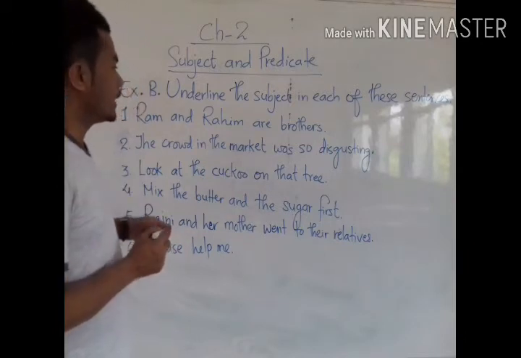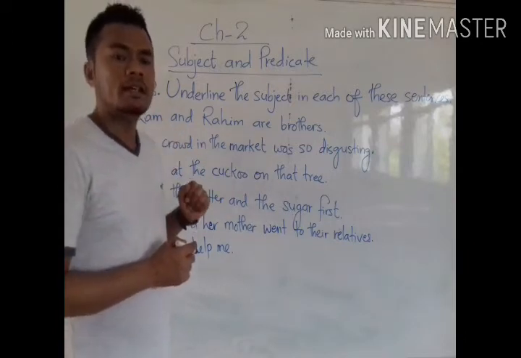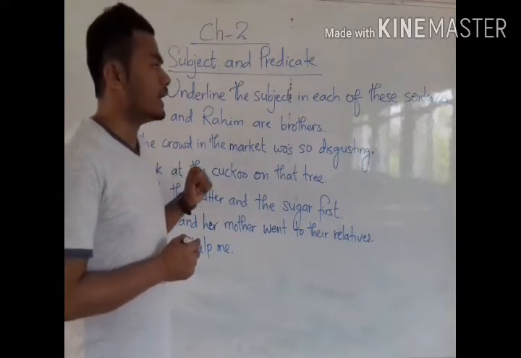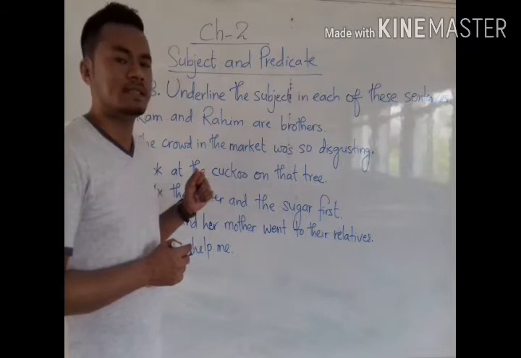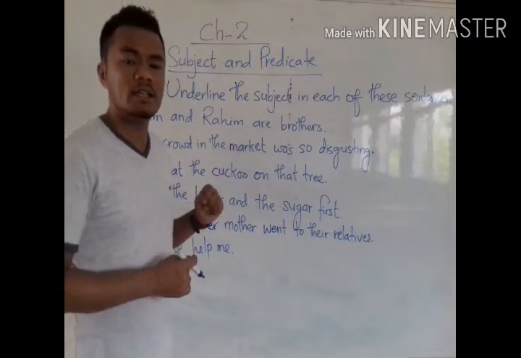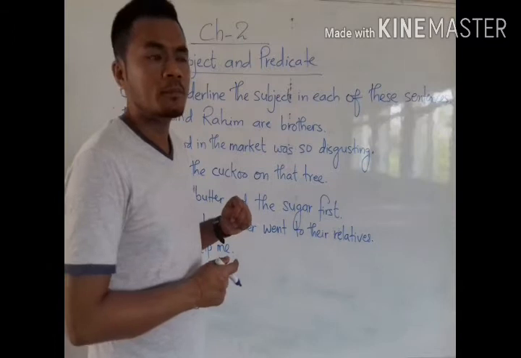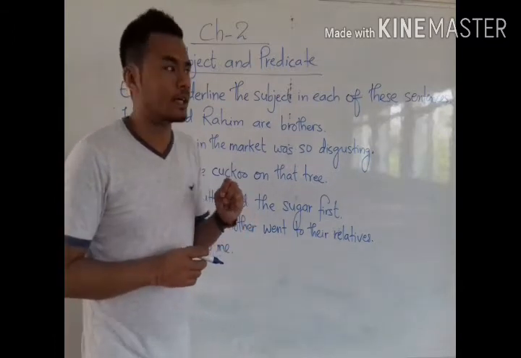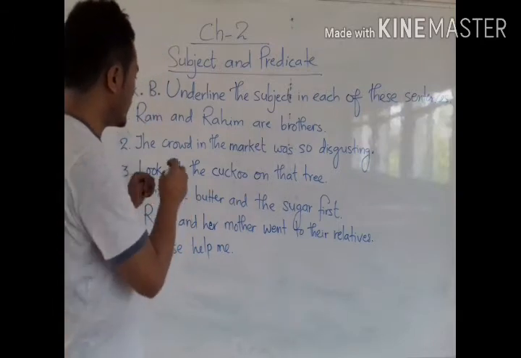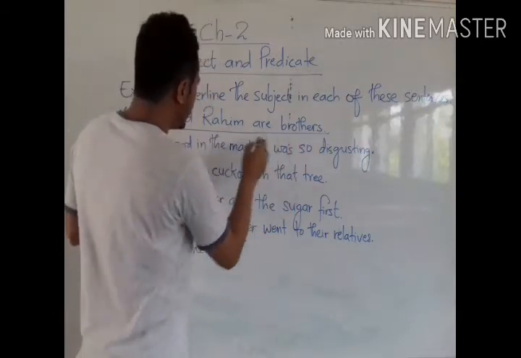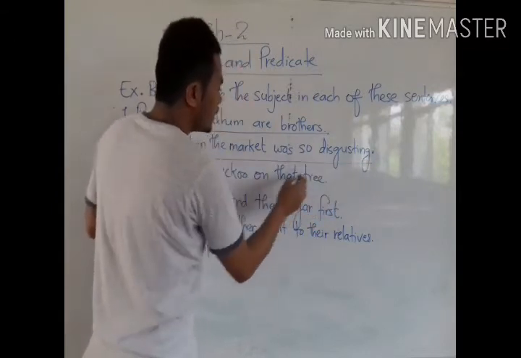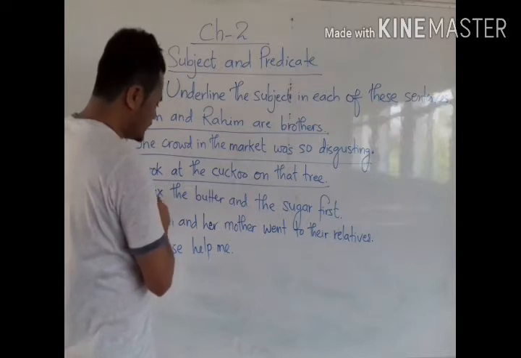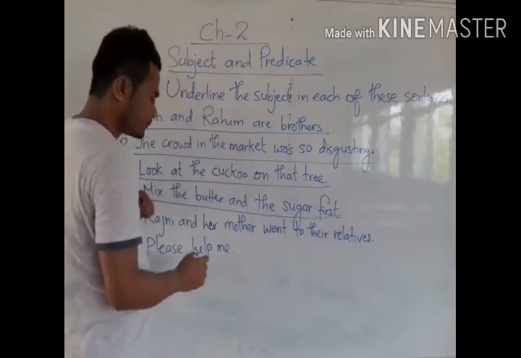If you see exercise B of the chapter, we have to underline the subject in each of the given sentences. From there we have to identify and underline the subjects only. Some of the sentences I have written here are assertive and some of these sentences are imperative sentences.